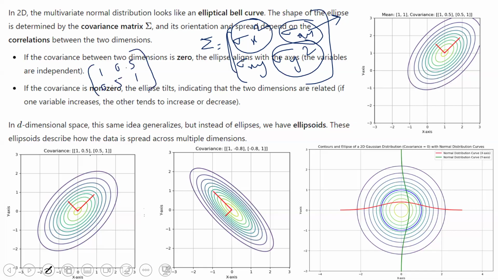Now, are they positively correlated or negatively correlated? Is the covariance positive or negative?